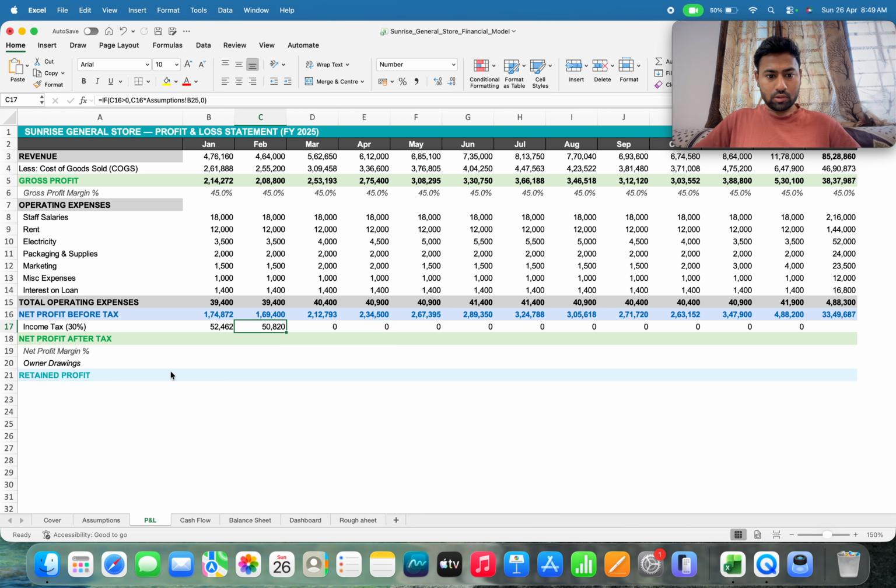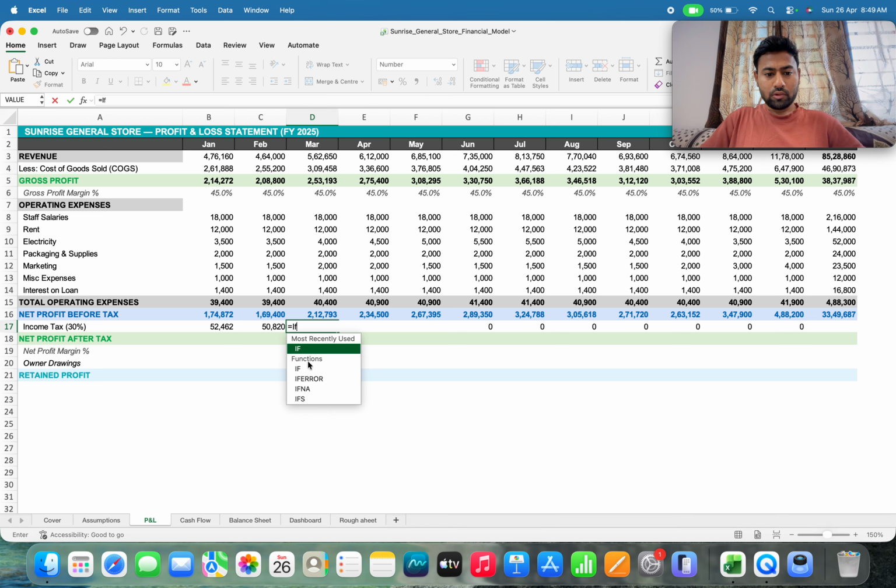So we got the result. Equal to IF bracket.